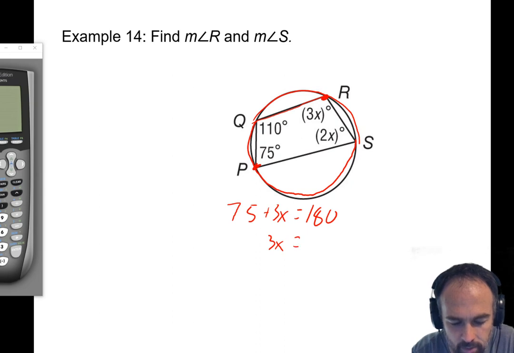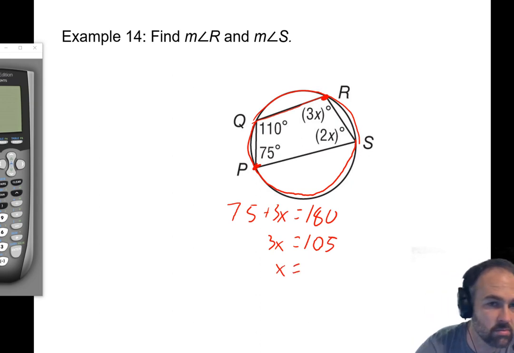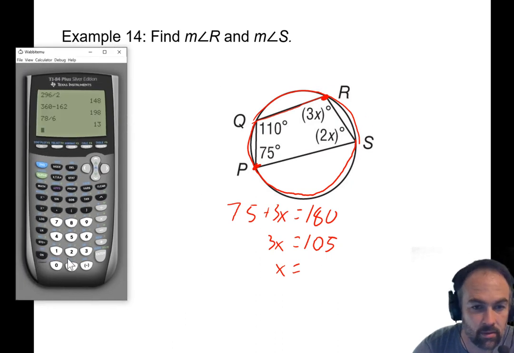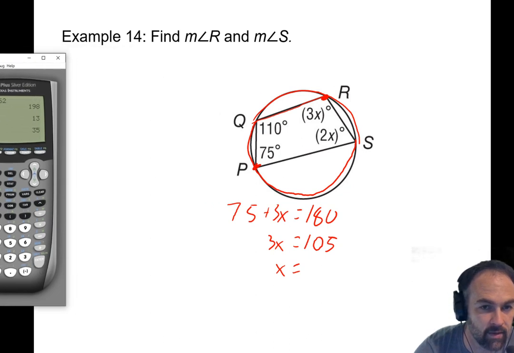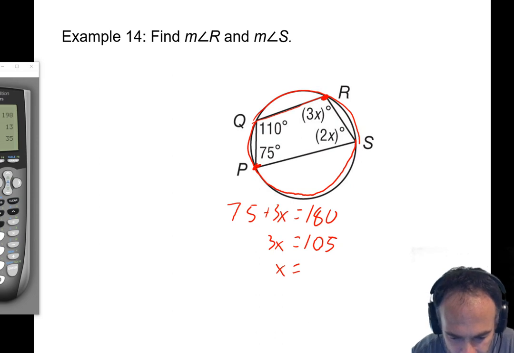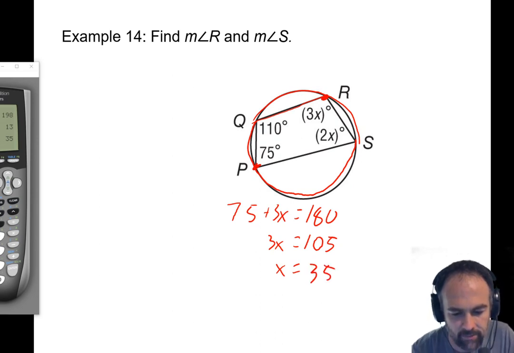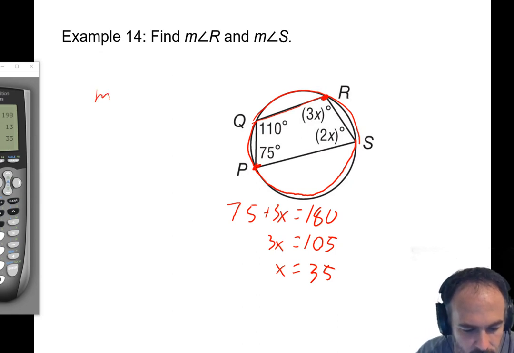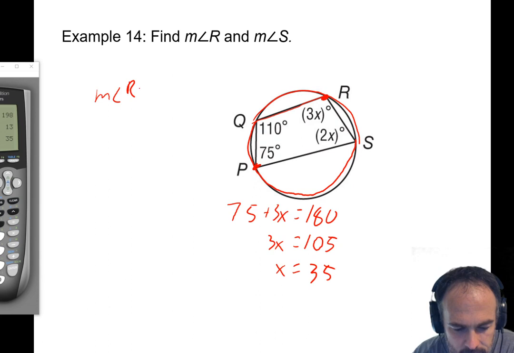Subtract those off. 180 minus 75 gives me 105. Divide that by 3. X equals, grab my calculator just in case. I think it's 35. 105 divided by 3 is, yes, 35. Now, to find the measure of angle R and the measure of angle S. Measure of angle R is equal to 3 times 35.